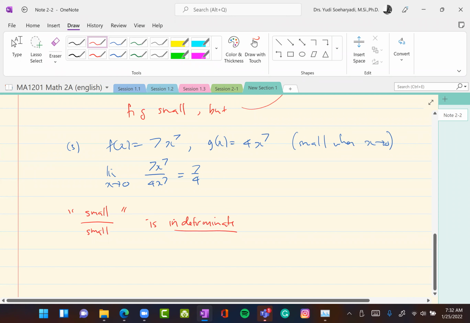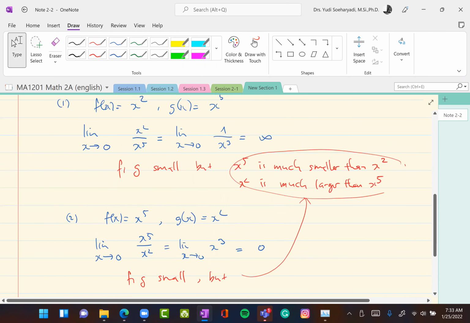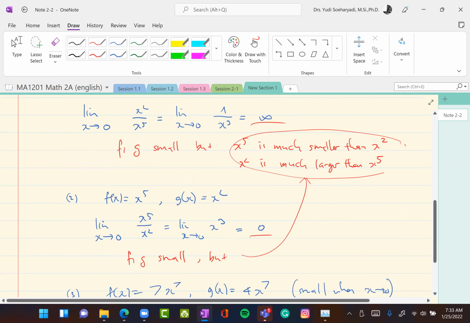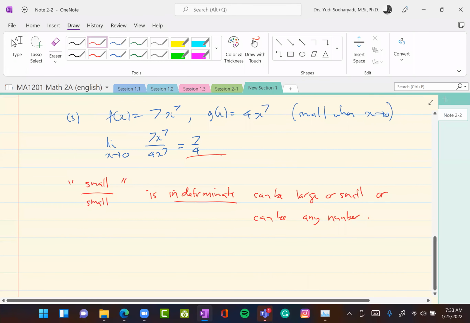Well, sometimes it is 0, sometimes it can be infinite, and sometimes it can be any number you like. So this is the reason why we call it indeterminate.